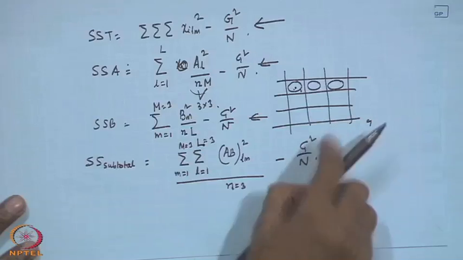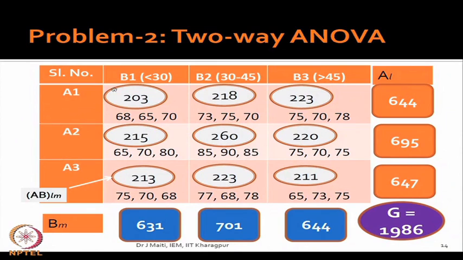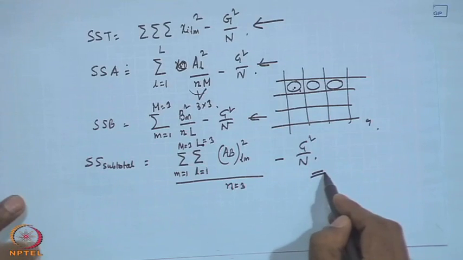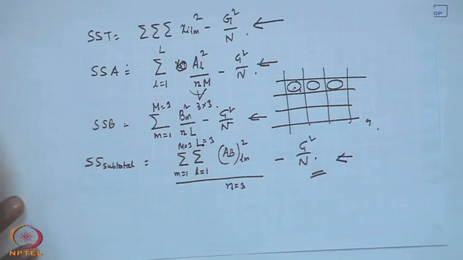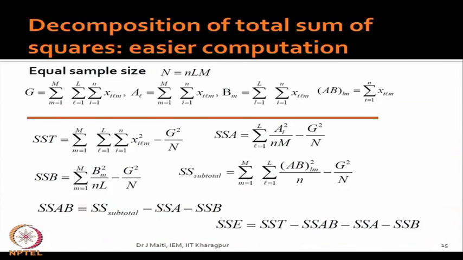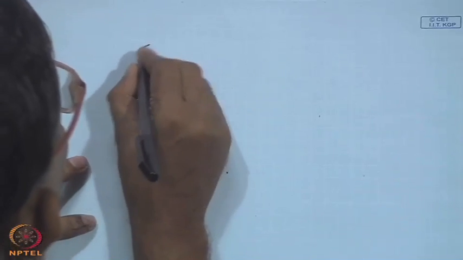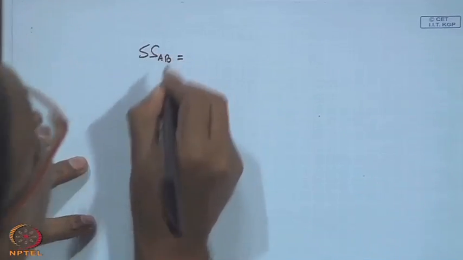Now, subtotal means these AB_LM values: 203, 218, 223, 215 and so on. You square all of these, then total them, then divide by the number of observations. Once you get the subtotal, you are in a position to calculate the interaction parameter SSAB.